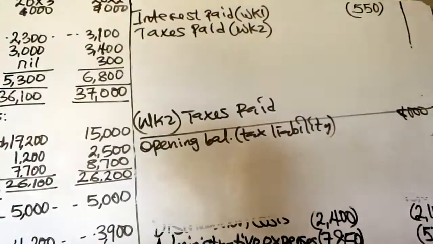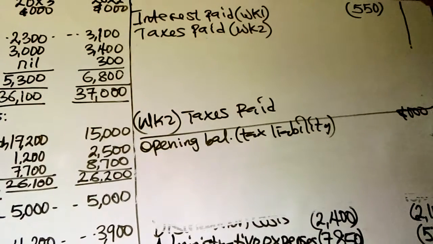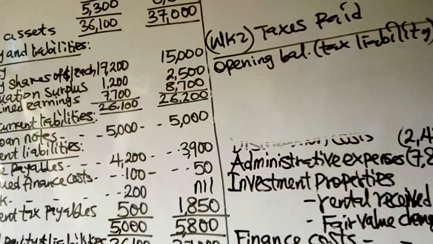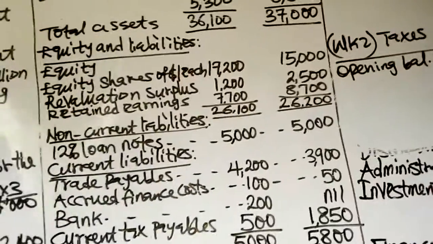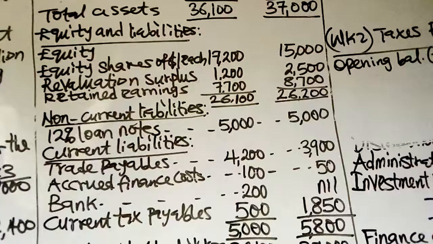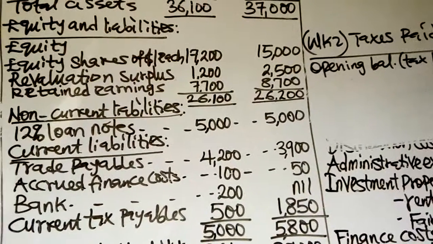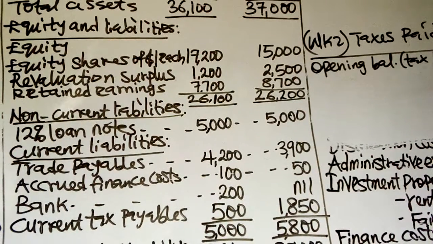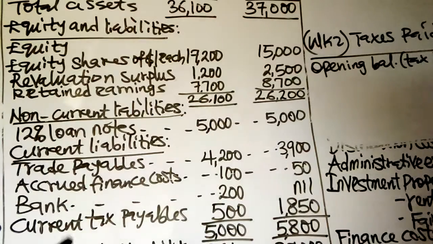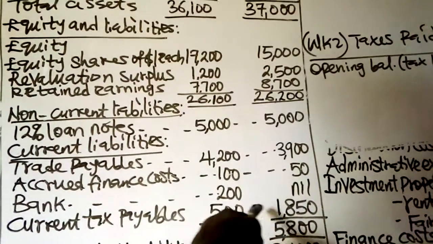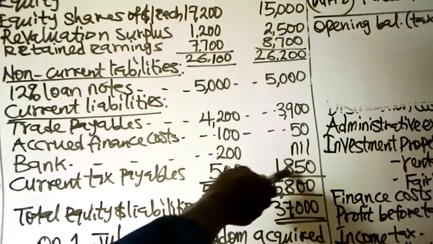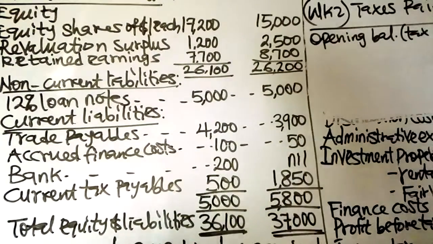To get that, you are going to check the current liability section of the statement of financial position. You have current tax payables. The closing is 500, while the opening is 1,850.